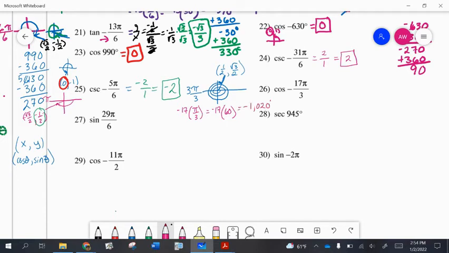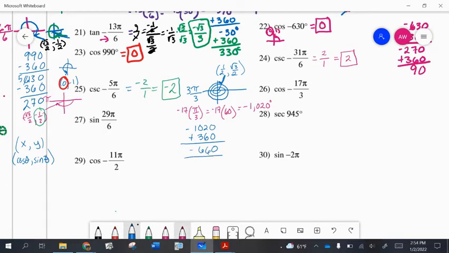Now that we know what it is in degrees, we can start adding 360 to that. So if I do negative 1020 and I add 360, that gives me negative 660.